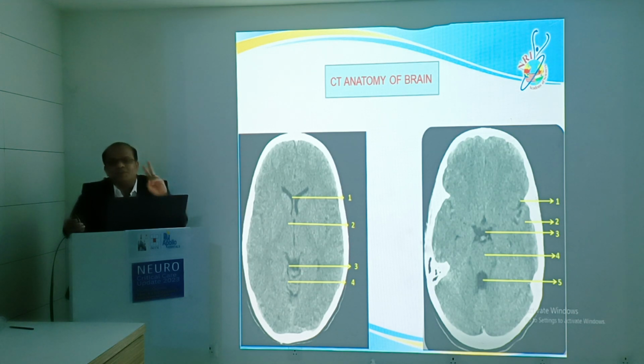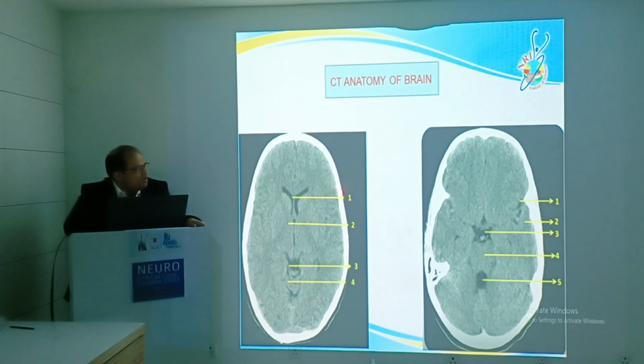Other than these, we have to consider two more things. One is something relatively brighter within the parenchyma, which we call hyperdense. Not as bright as bone, but less than that: blood appears bright inside the parenchyma.